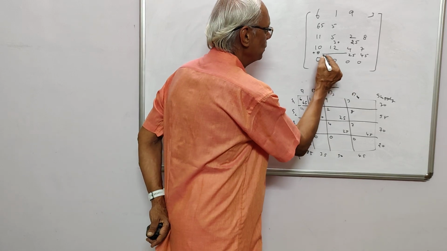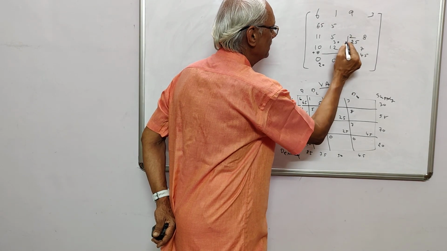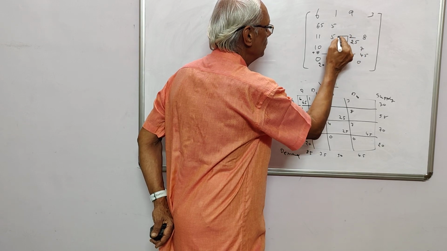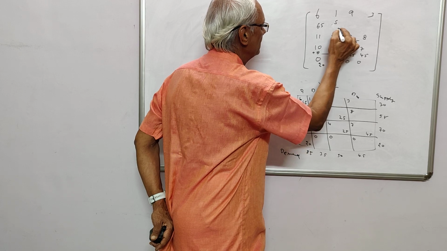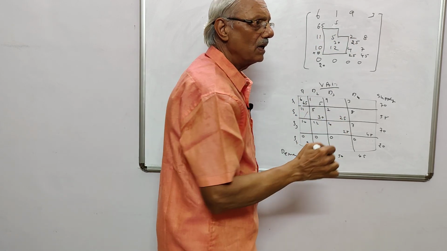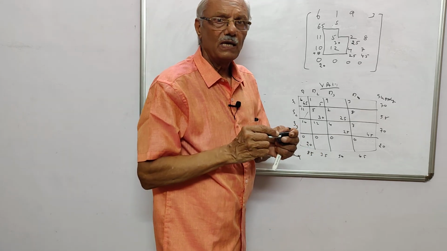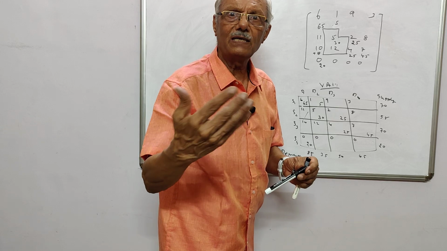So you see that you come to this, then you can come to this, then you can come to this, then you can come to this. You can bypass the allocated cell also.